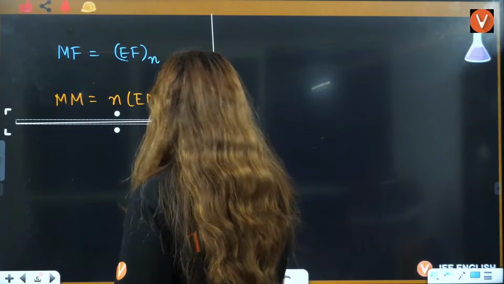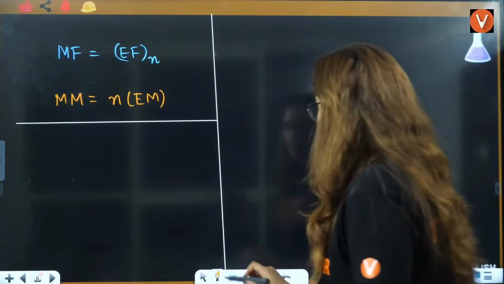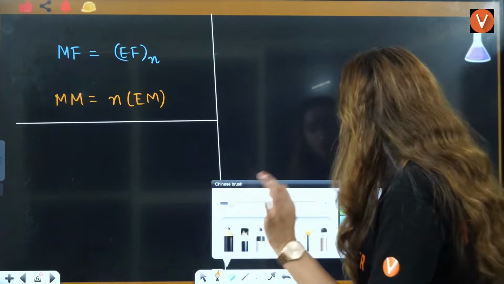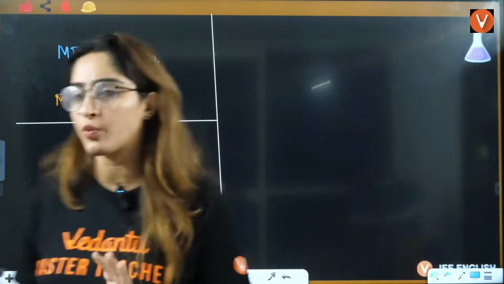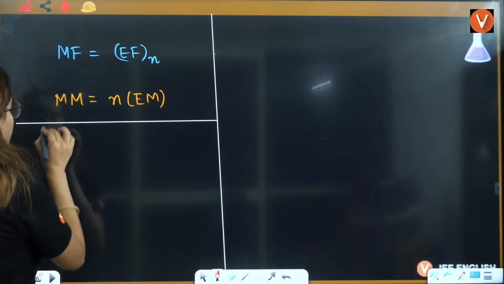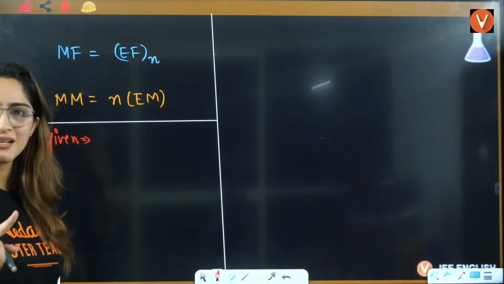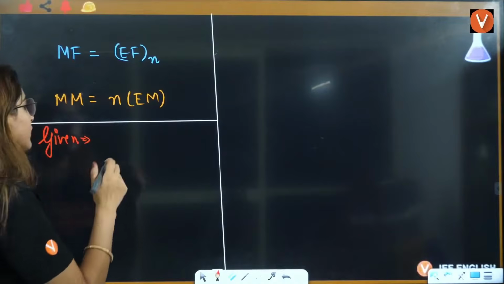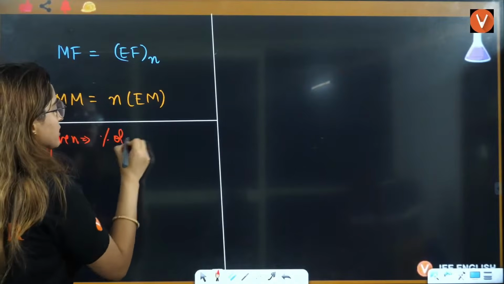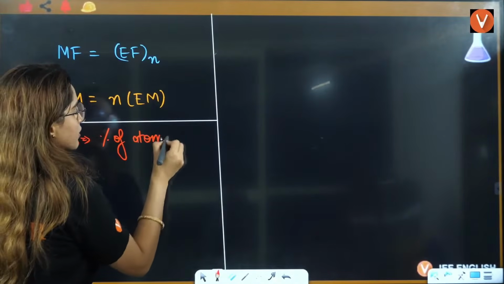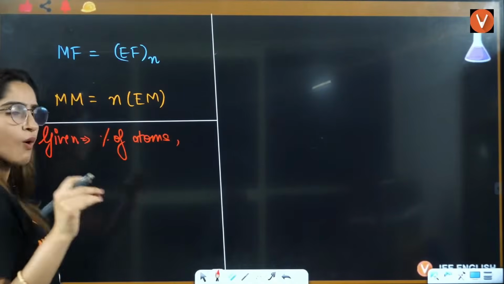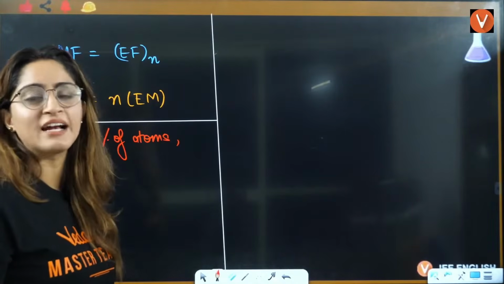Now, what will be given in most of the cases in the question? If they are asking you the molecular formula, they will give you percentages of atoms. You will always see this in these questions. This is a standard kind of question.